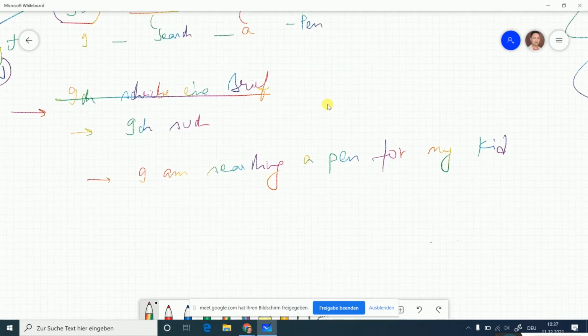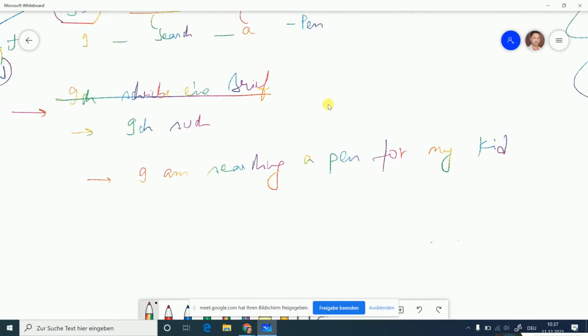Now, this is an English sentence. But if you convert it to German now, it will be something a little twisted. It will be something like: I am searching for my kid a pen.